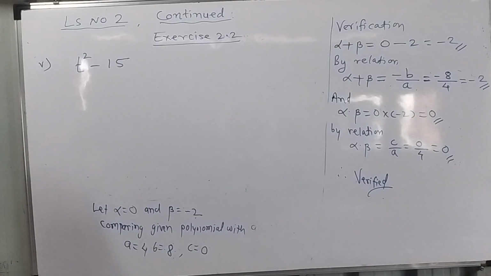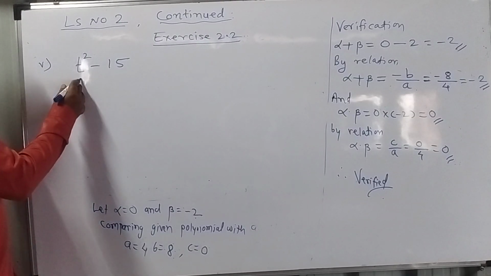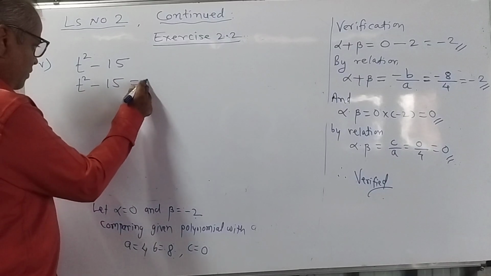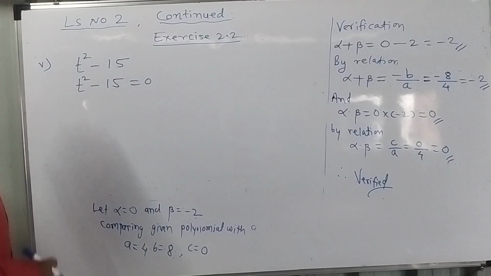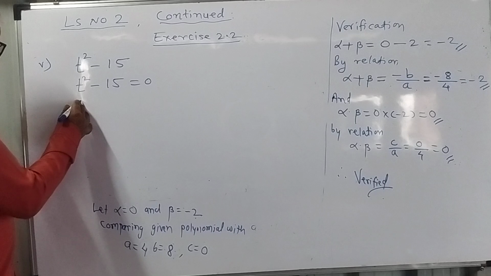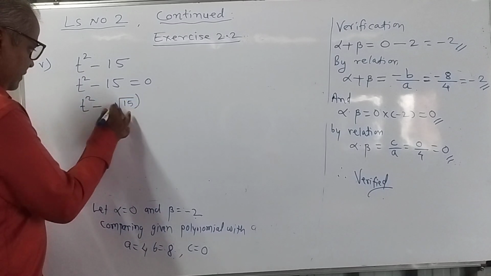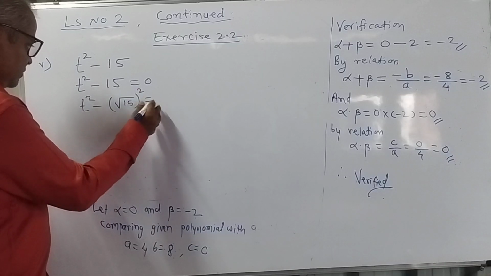Here we need to use the identity a square minus b square is equals to first bracket a plus b, second bracket a minus b. So first compare or equate it with 0. See, 15 is not a square of any whole number, but we can write 15 as root 15 square. So t square minus root 15 square.